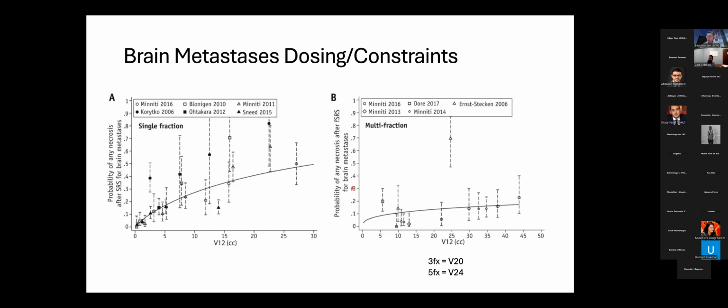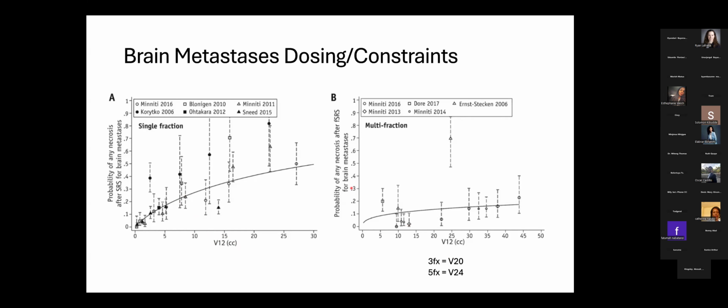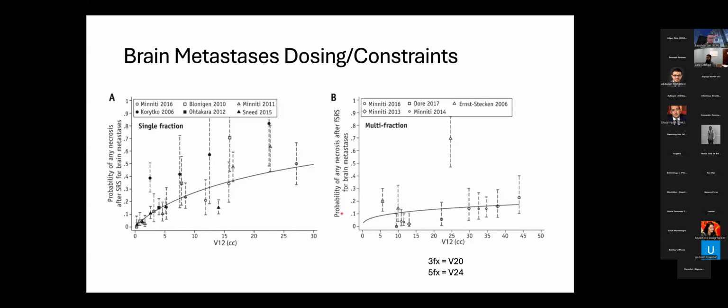The risk of radiation necrosis or brain injury, which we call radiation necrosis, after radiosurgery increases with increasing volume. But you can see that with 3 fraction or 5 fraction approaches, as the volume increases, the risk does not increase too much. But if we do that with a single fraction approach, once we hit 20 cc's, we're already at a 40% risk of significant radiation necrosis.